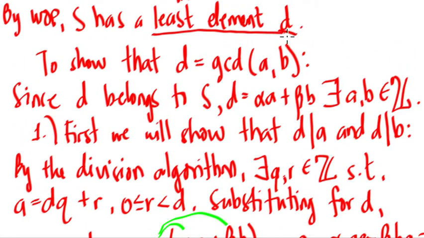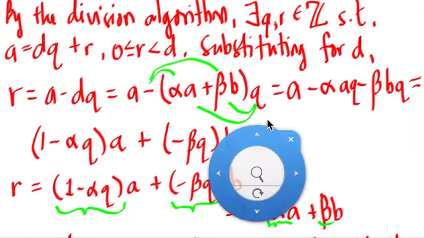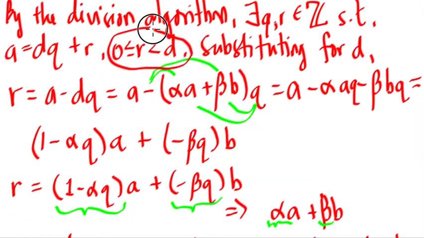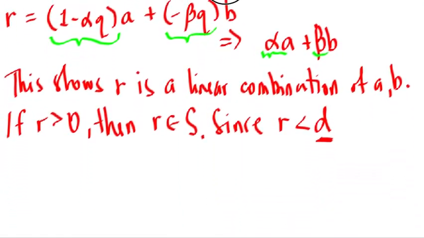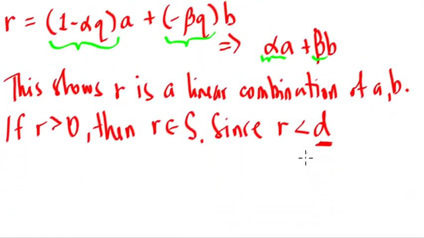That is to say R is strictly less than the smallest element in S, which is of course a contradiction.